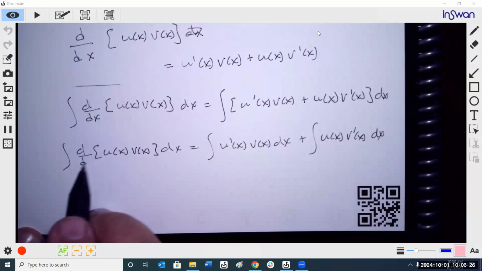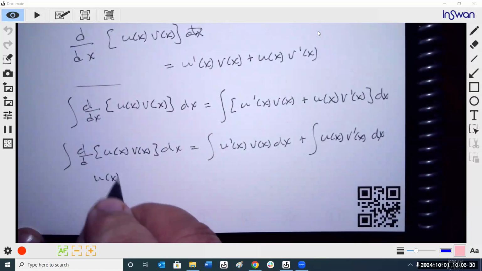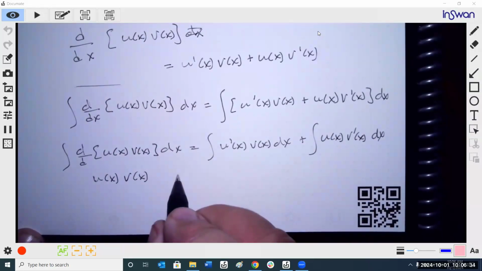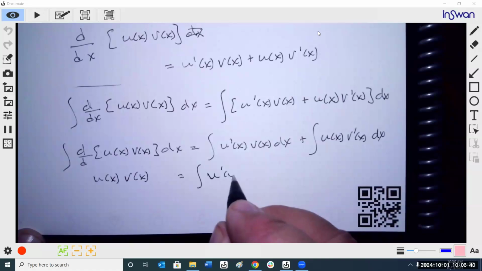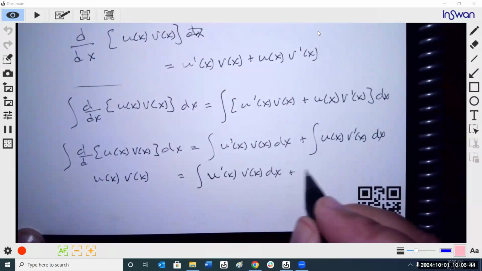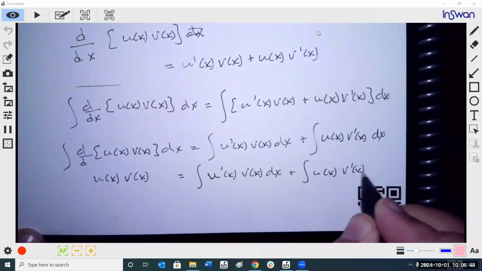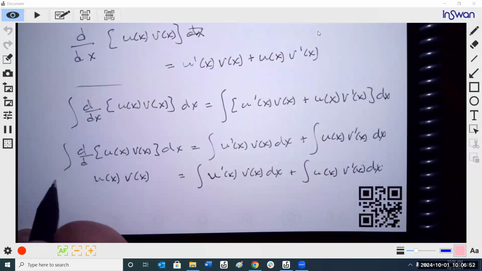So this becomes u of x v of x, and these remain as they are for right now: the integral of u prime of x v of x dx.